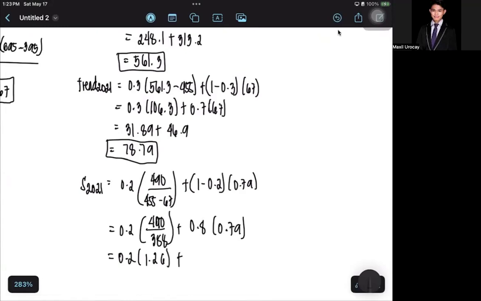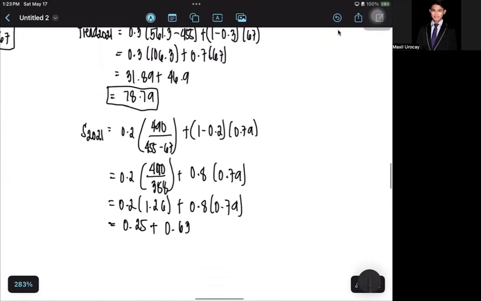And then plus 0.8, 0.79. So calculating that manually, 0.2 times 1.26, that is 0.25. Then plus 0.8 times 0.79, that is 0.63.